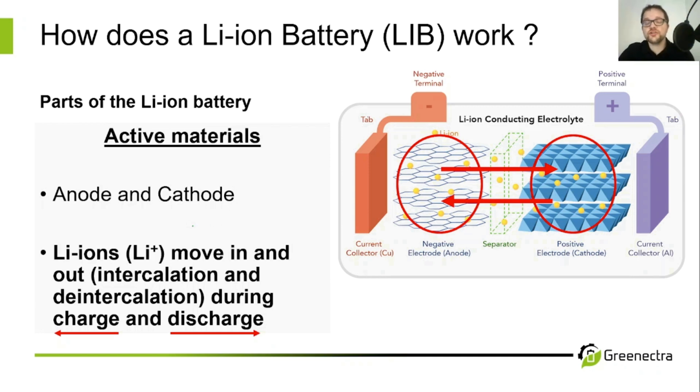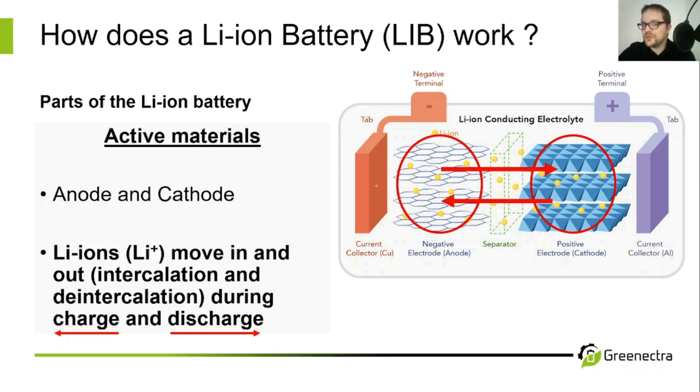As we discharge our battery, lithium ions will leave the anode, travel through the separator, and intercalate into the cathode. Lithium ions have a positive charge, and we could ask the question: during discharge, will there be a lot of positive charge accumulating in the cathode?